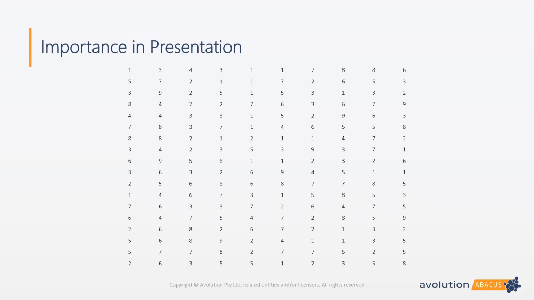So to emphasize that point, let's have a look at this data in this grid. If I ask you to count how many 9s are there, are you going to be able to tell me? If I give you 20 minutes, maybe, but it's hard to tell just from looking at this block. It's going to be really hard to do, and this is a relatively simple data set.